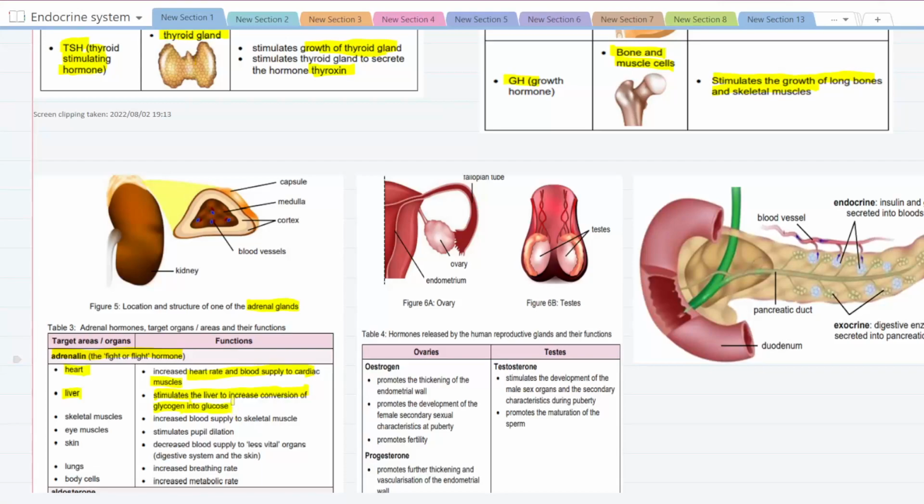You are going to need glucose, so that glucose can be broken down during cellular respiration to produce energy.